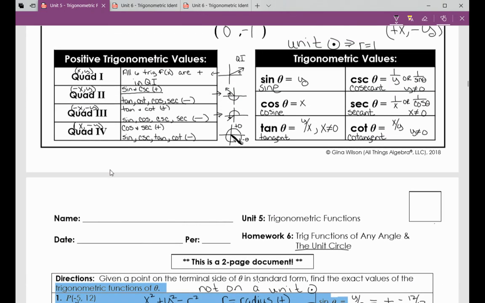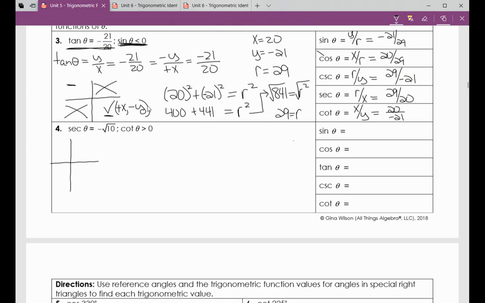If I go back up here, secant is negative in the second quadrant and in the third quadrant. So right now, I know that I'm either in second or third. I'm not using a first quadrant or a fourth quadrant. This is the deciding factor out of which one of these I use.